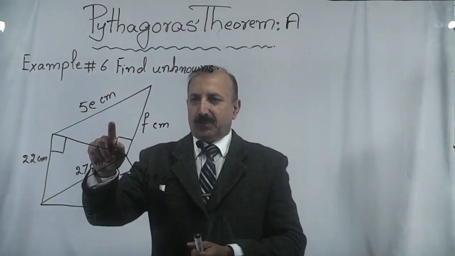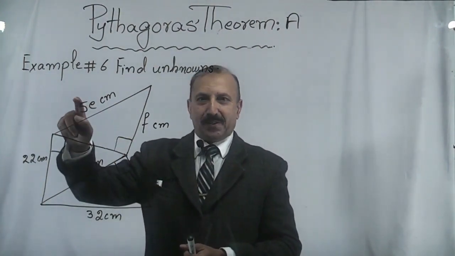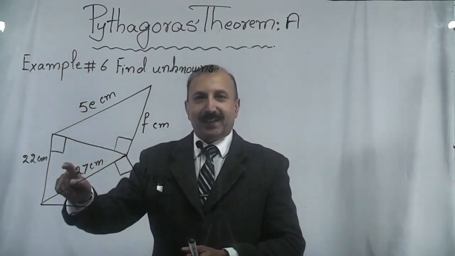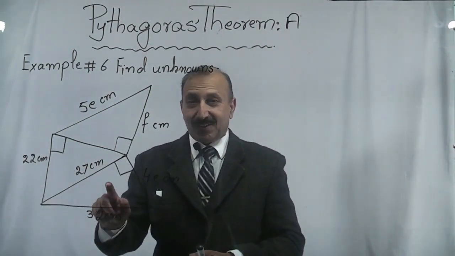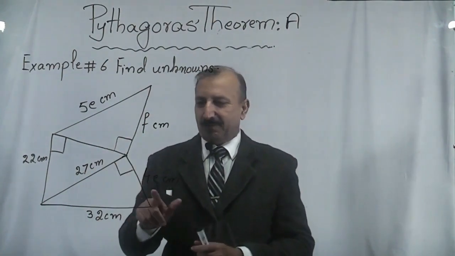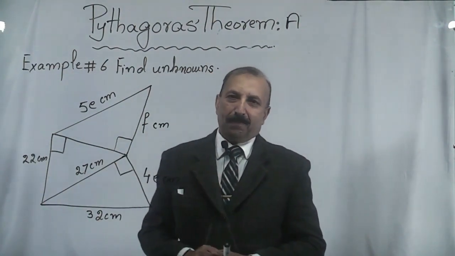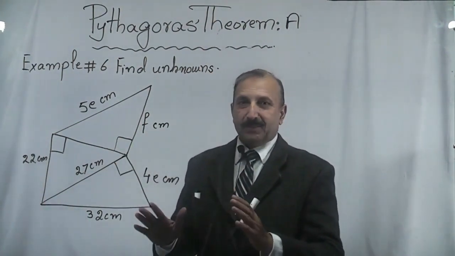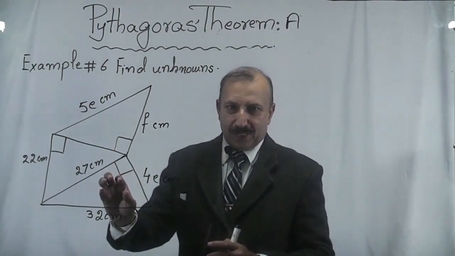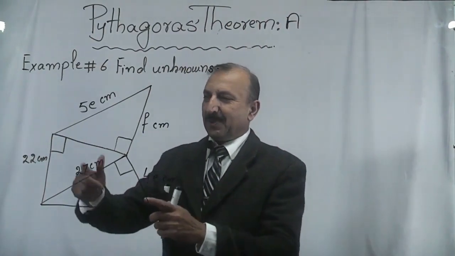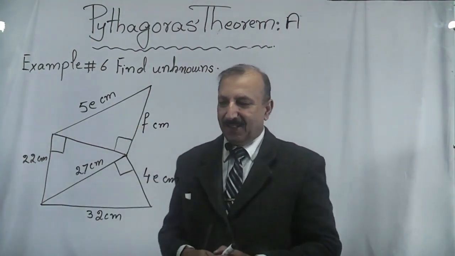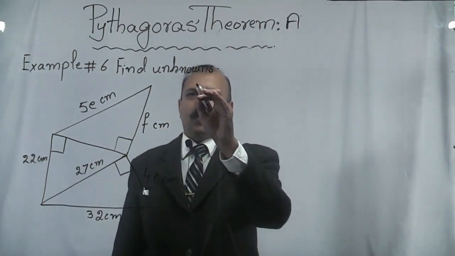This triangle contains only two sides, this triangle again contains two sides, and only this triangle contains all three sides with one unknown, e. It means we will start working from this triangle. First we will find the value of this unknown, and it will help us carry on with the rest of the question. Let's see the solution for this question.